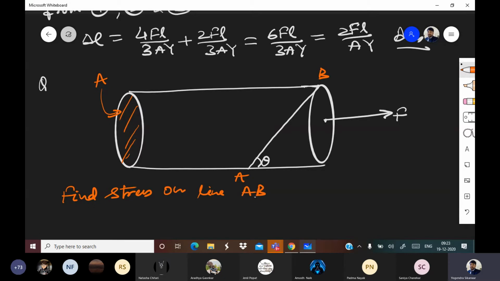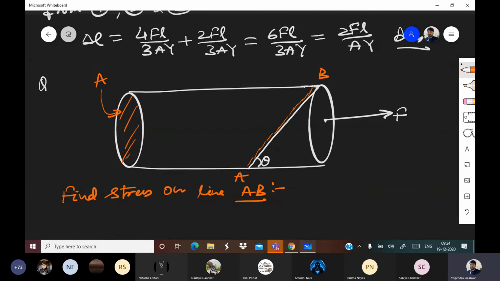How much will be the stress on line AB? Line AB means this is an area basically.